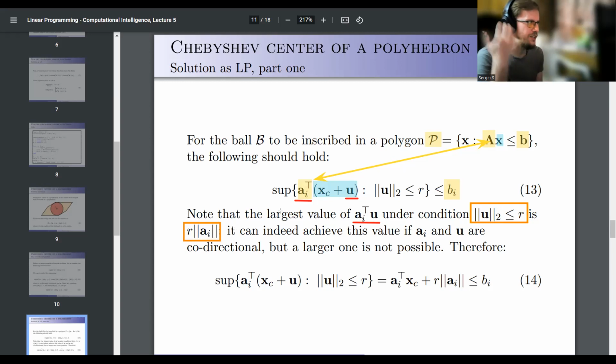Where did we get it? Previous slide, right? So for the dot product, the biggest value on the ball is the radius of the ball times the norm of A_i.